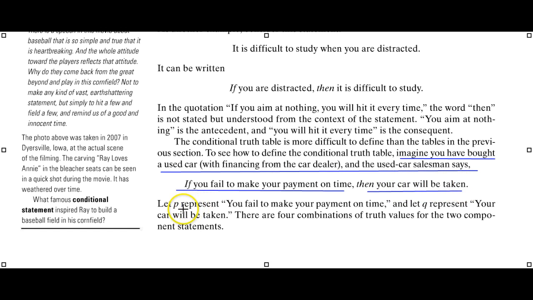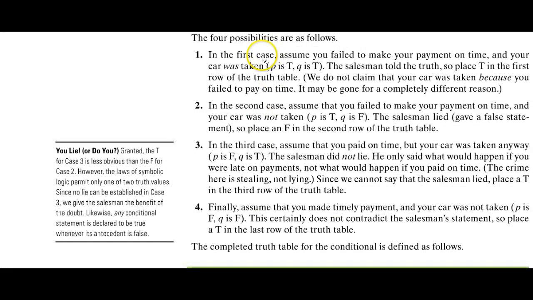So here we're going to let P be the antecedent. If you fail to make your payment on time, then Q, your car will be taken. And they're also mentioning that the four combinations of truth values for the two component statements that we've gone over are well defined here, and you'd need to read these over. So let's pause.